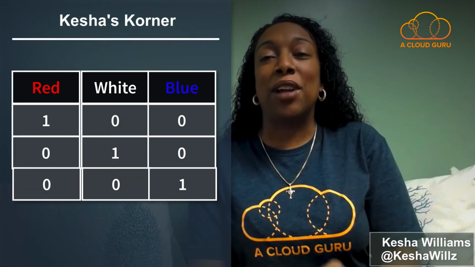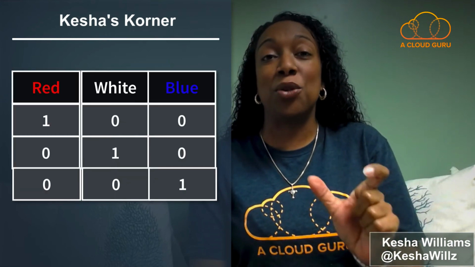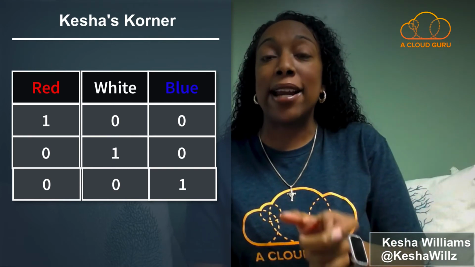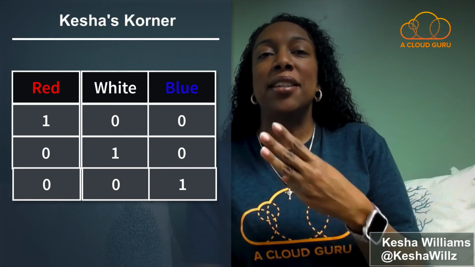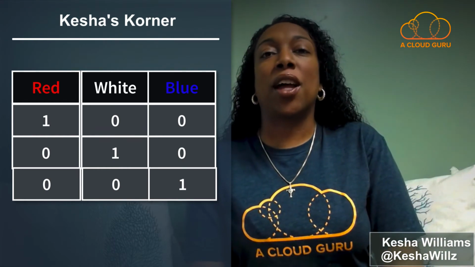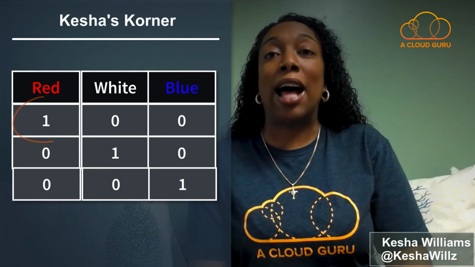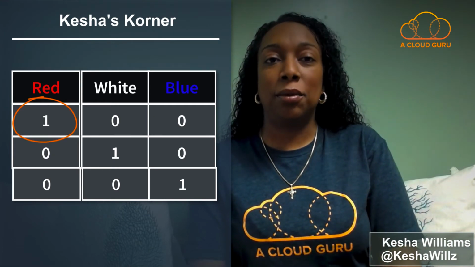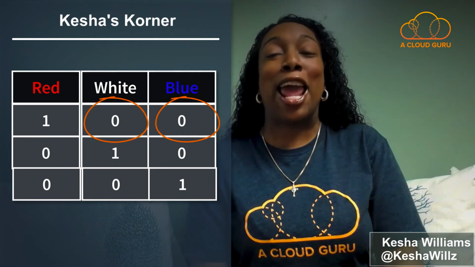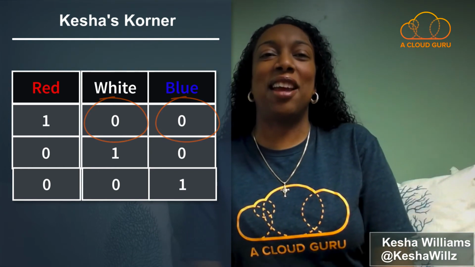This technique creates a new column for each unique value. In our example, red, white, and blue will become three distinct columns. A row or observation with the color value of red will have a 1 in the red column, while the white and blue columns will each have a 0. A machine can easily understand this format.